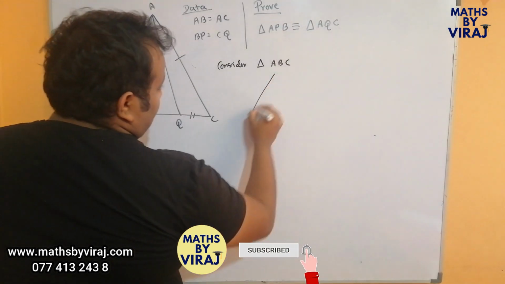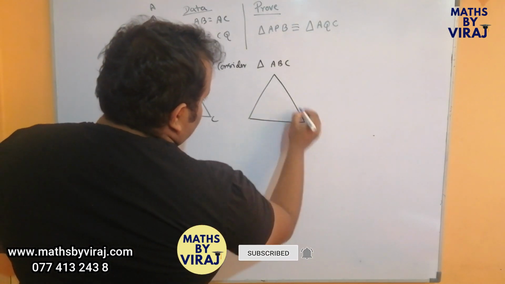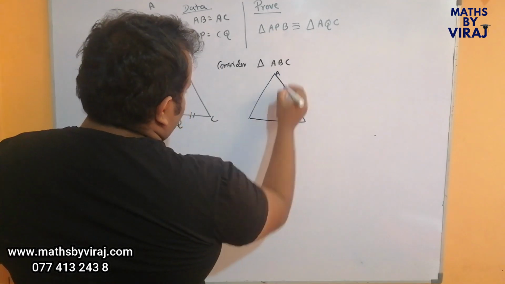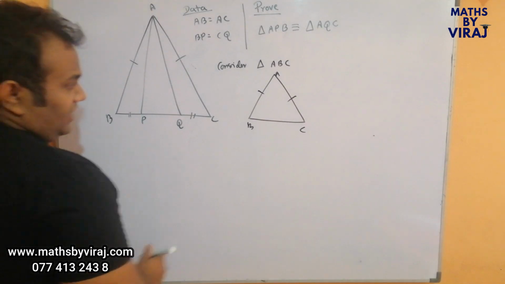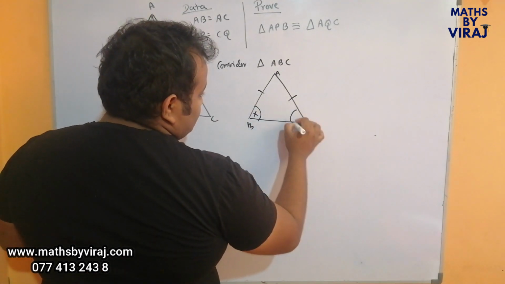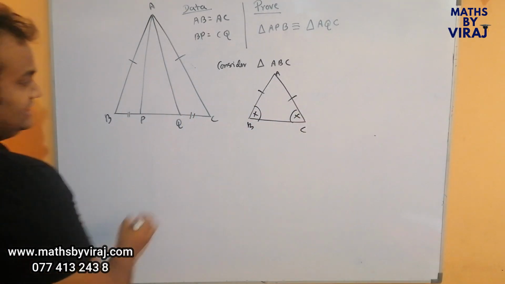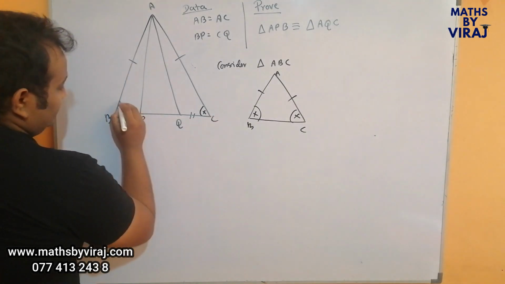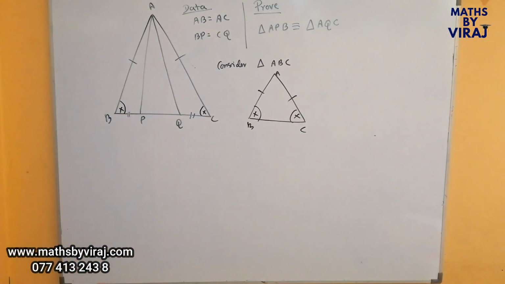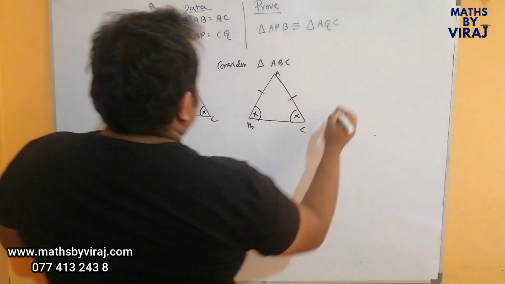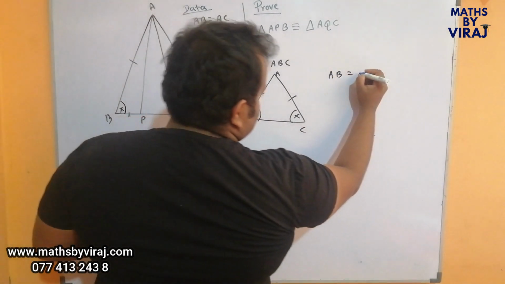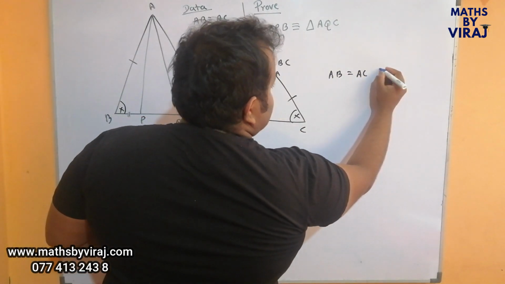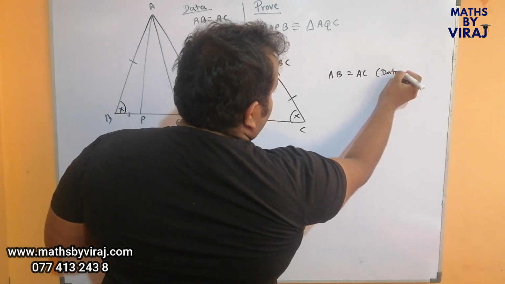Children, when we consider triangle ABC, it is given to us that AB is equal to AC. Therefore, these two angles should be equal. That is, this particular angle and this particular angle, they are equal. Therefore, we can say that side AB is equal to side AC. This is given to us as data.